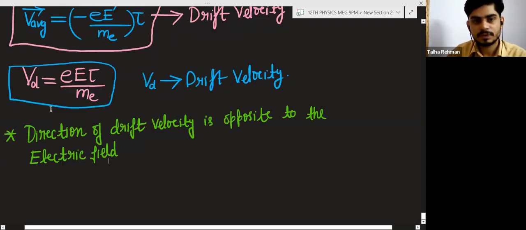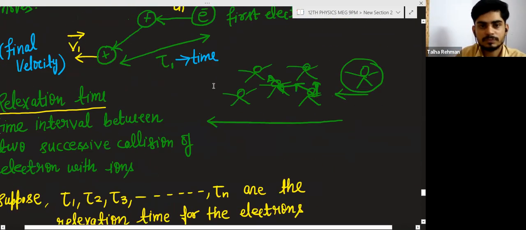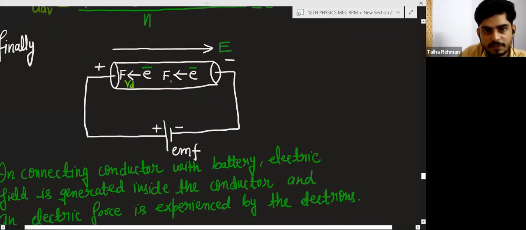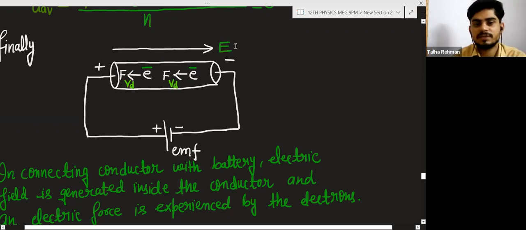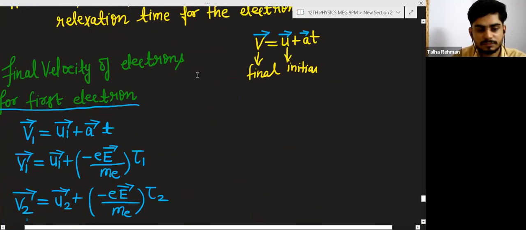See here, this electron will move in this direction with drift velocity, and the direction of drift velocity is this, and the direction of electric field is this.